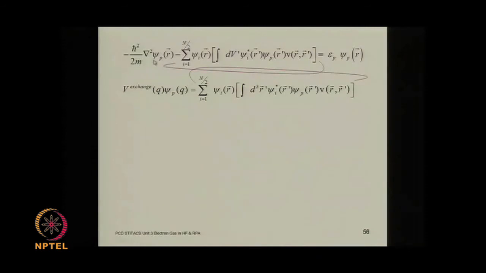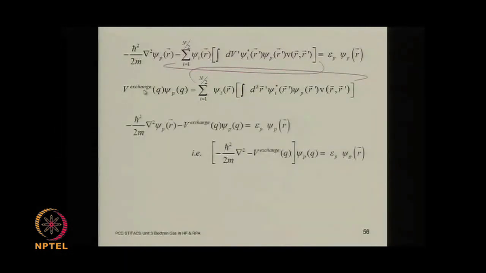So, you can rewrite the Hartree-Fock equation along with the exchange operator. You have the kinetic energy term, and instead of this you now write it in terms of the exchange operator. You have the minus sign over here, so it comes with a minus V exchange operator. The right hand side is epsilon p. What is this epsilon p? This is the term which can be traced to the Lagrange variational multipliers of the Hartree-Fock theory, in the diagonal form.